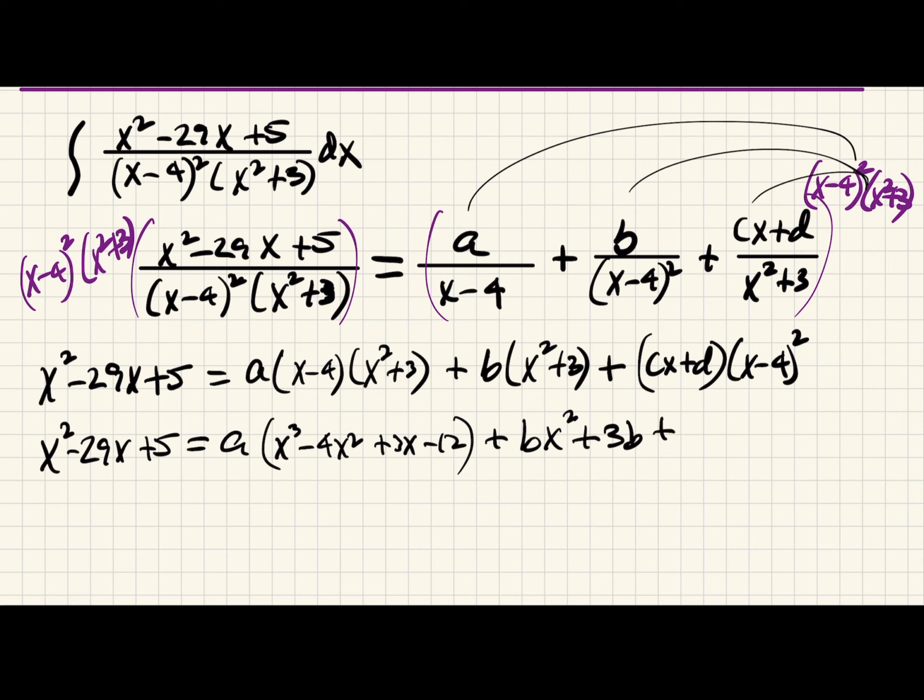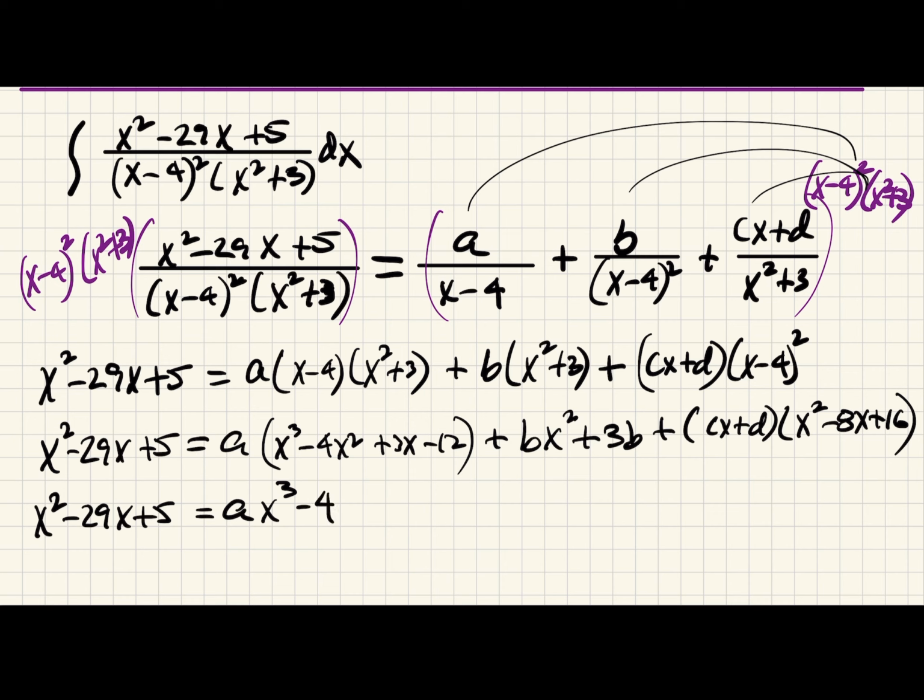I'm going to need to multiply cx plus d by x minus 4 squared, so I'm probably going to need to multiply x minus 4 squared out first. So I'll have cx plus d times x squared minus 8x plus 16. Now I can multiply through by a over here on the right. So I have x squared minus 29x plus 5 equals ax cubed minus 4ax squared plus 3ax minus 12a. Then I have plus bx squared plus 3b.